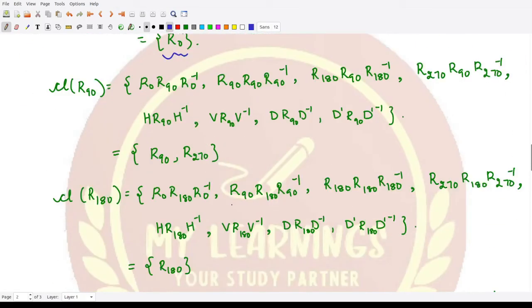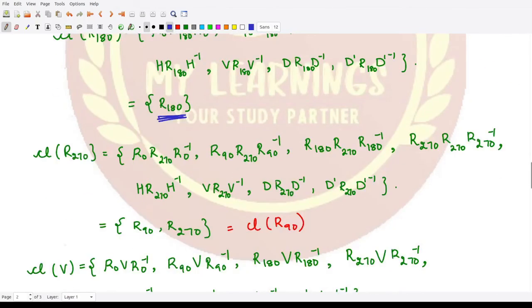In a similar manner, we can calculate the conjugacy class for R90. It has two elements, R90 and R270. You can solve for these using the Cayley table, and you can perform the calculations as I have just told you, right? In that manner. And similarly, the conjugacy class for R180 is obtained as R180 only.